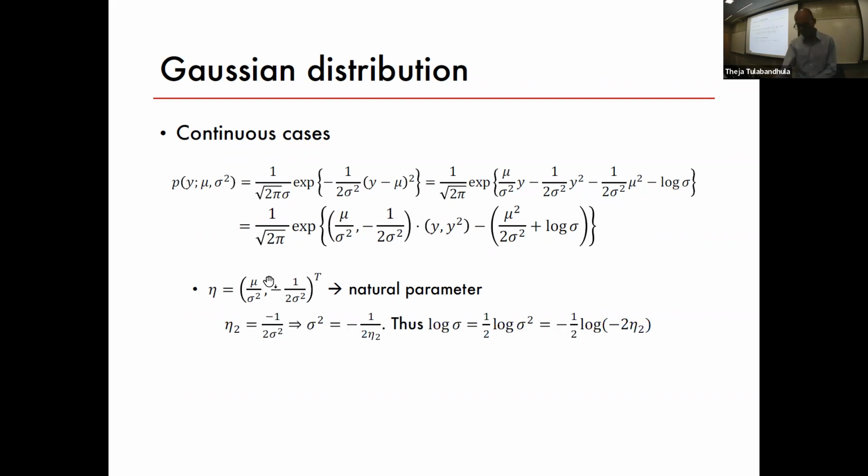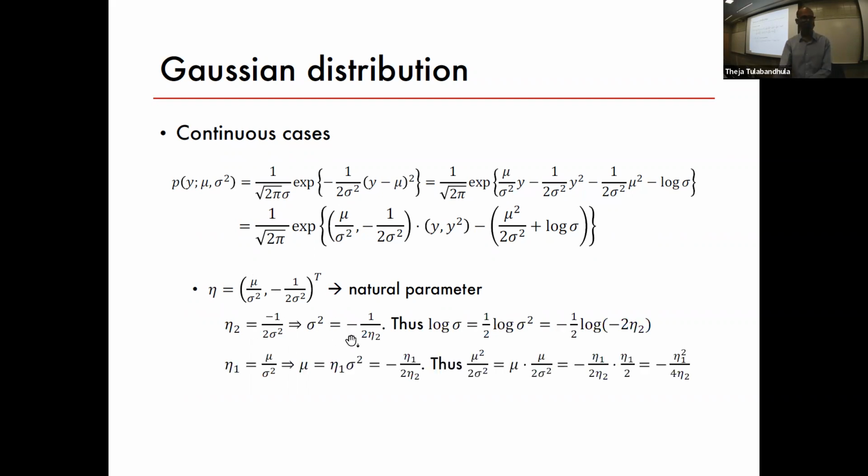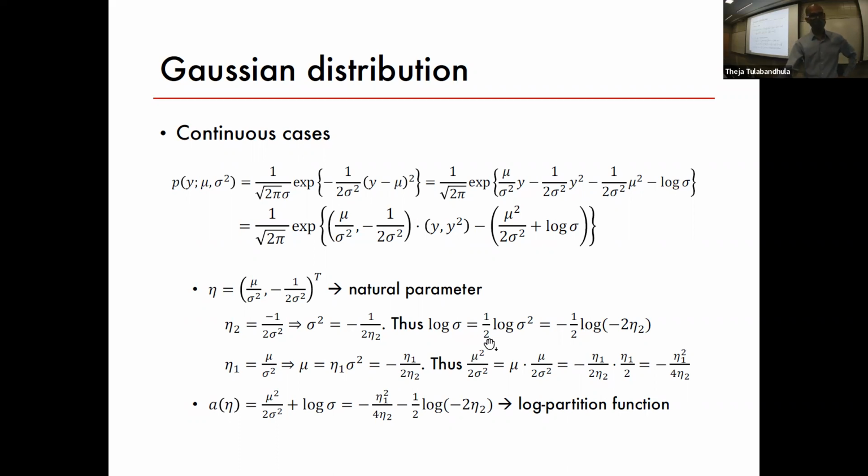The sufficient statistic. Let me not look at this. Here the next two lines are just deriving mu and sigma in terms of these parameters, eta 1 and eta 2. So let's ignore these two lines for now.